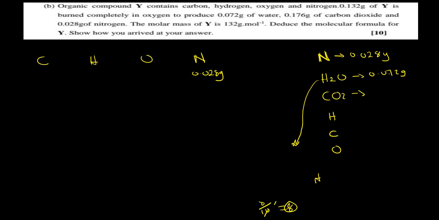So for oxygen and hydrogen in the H2O, let's get the mass of hydrogen. Hydrogen has 1.01 over the total mass of H2O, which is 18.02.